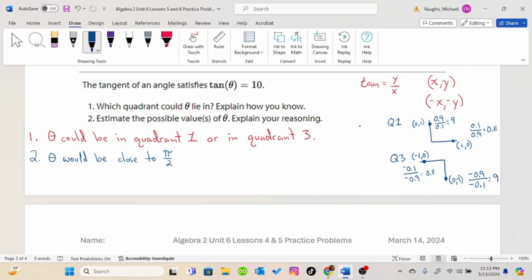So we can't be exactly at the bottom, but we could be close to it. So theta would be close to pi over 2, or it would be close to 3 halves pi. Either we're really close to the top of the unit circle, or we're really close to the bottom of the unit circle in order for tangent to equal 10.